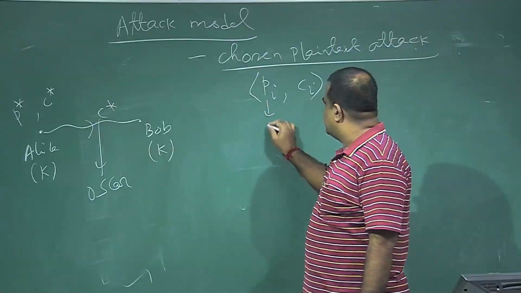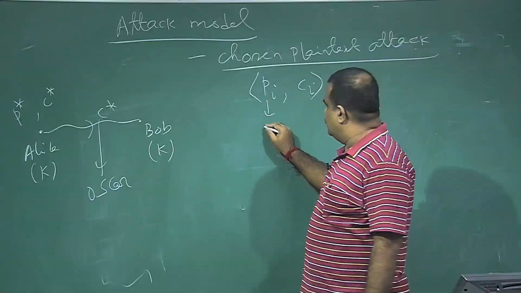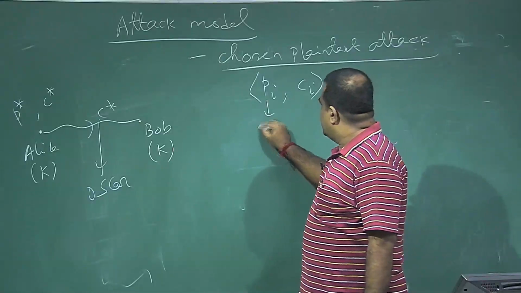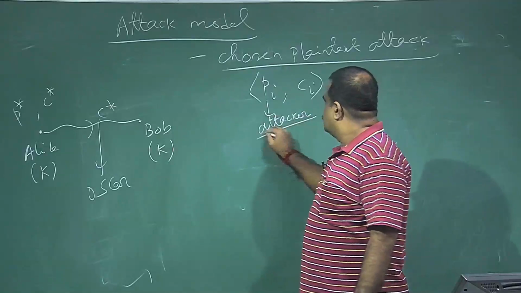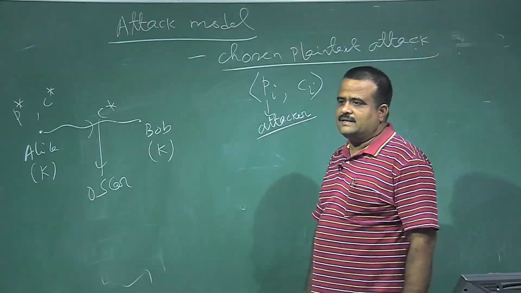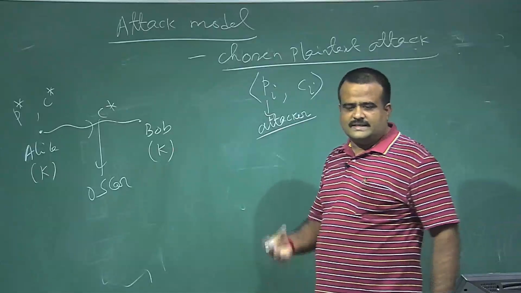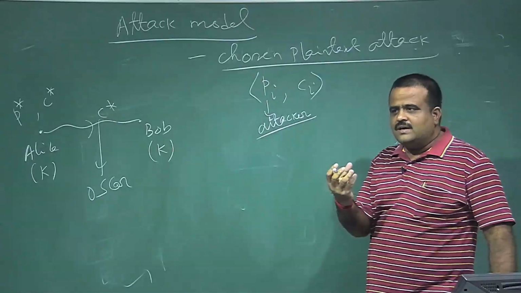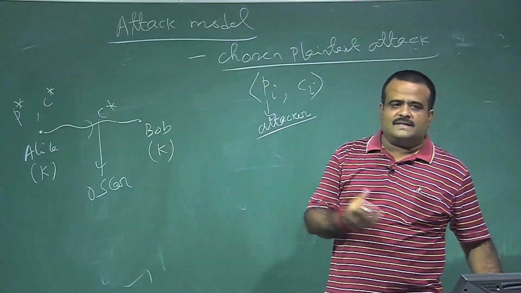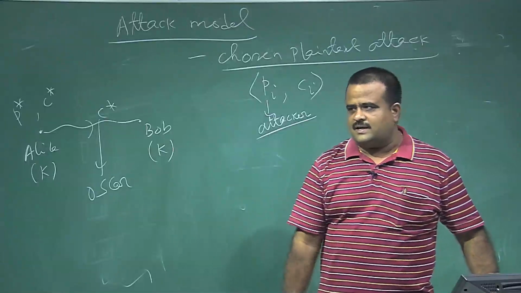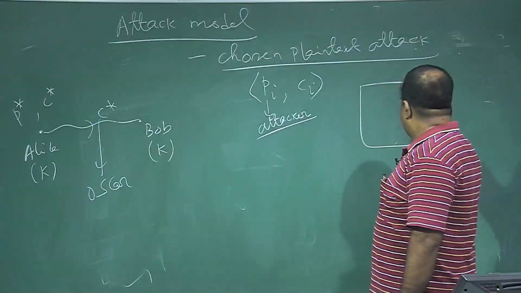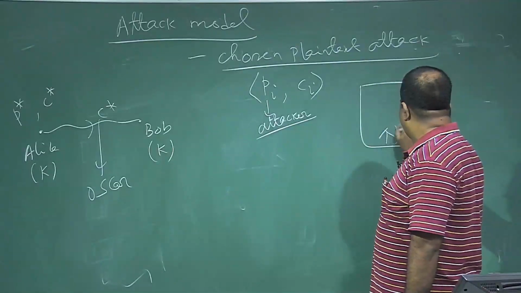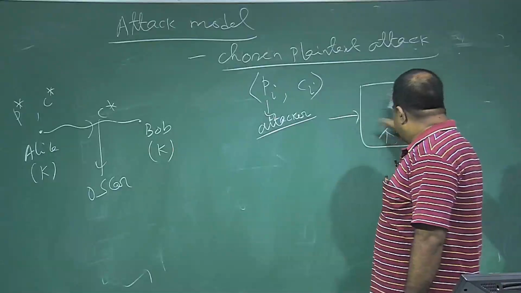This plain text can be chosen by the attacker. So, as if we are giving temporary access to the encryption machinery to the attacker without revealing the key. We are building the key in and giving the access.